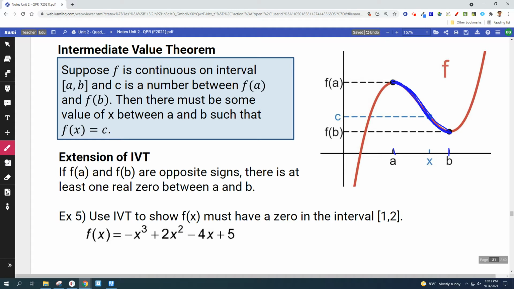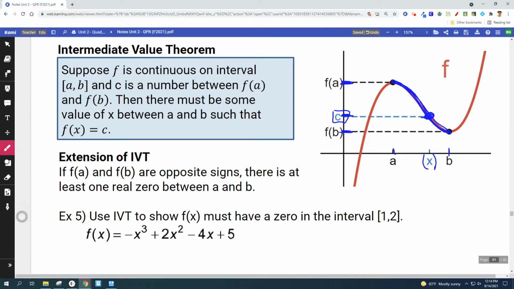It says there's some number c that's in between what you get when you plug in a and b. That c is between those two values. Then there must be some value of x between a and b such that when you plug in x, you're going to get c. Now that's kind of a weird thing.